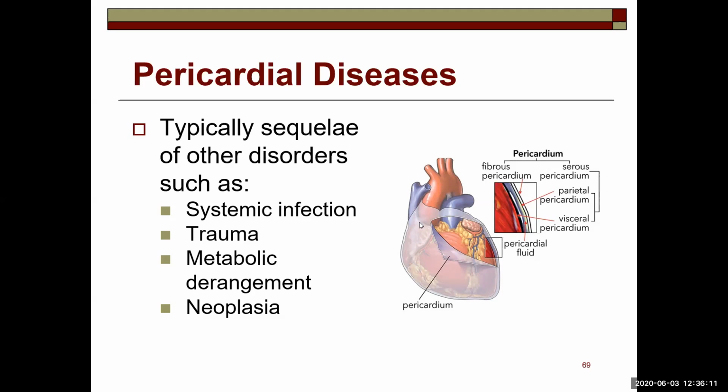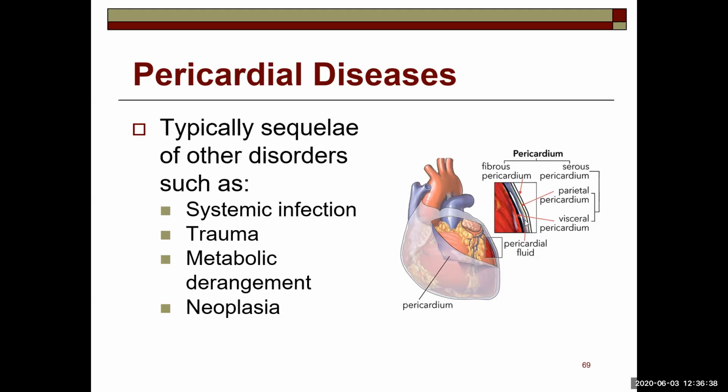You probably did the dissection already, and you've seen this fibrous pericardium sitting on the outside of the heart. The serous is sitting inside, which is divided into the parietal and the visceral. The pericardial space is the space between the visceral and the parietal.